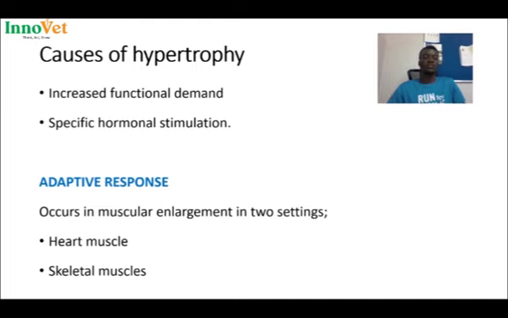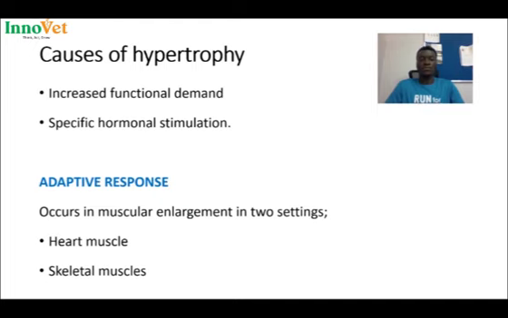So we have the adaptive response, how the cells respond to adapt to hypertrophy. Basically, hypertrophy mostly occurs in muscular enlargement in two settings: the heart muscles and the skeletal muscles, both of which are striated muscles.